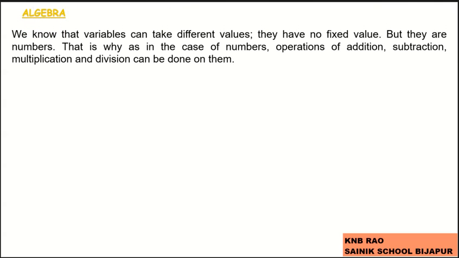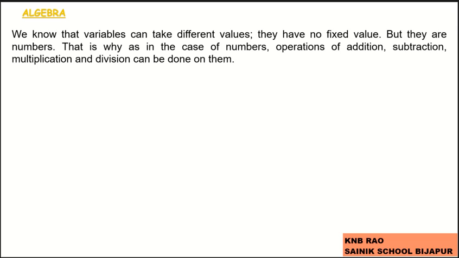We know that variables can take different values, they have no fixed value, but they are numbers. Certainly variables are numbers. They are unknown numbers in fact. That is why, as in the case of numbers, these arithmetical operations such as addition, subtraction, multiplication and division can be done on them too.